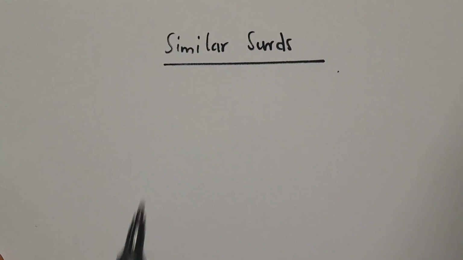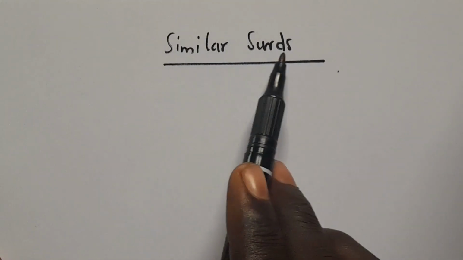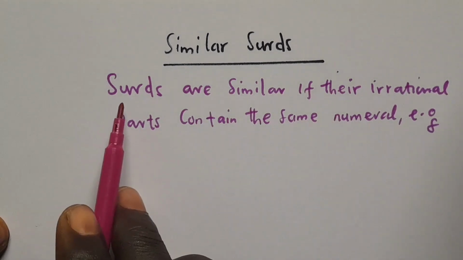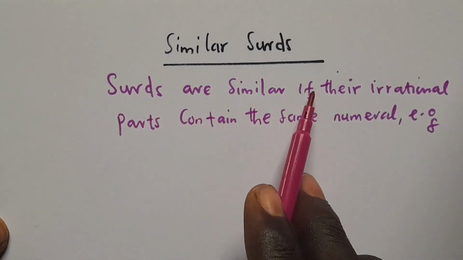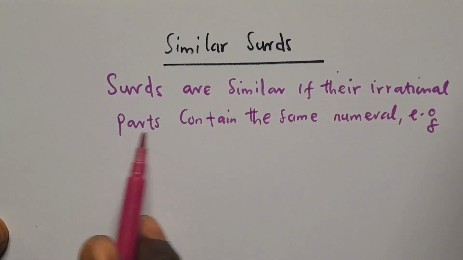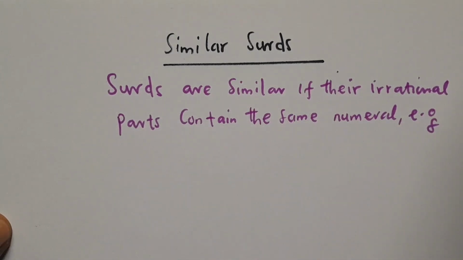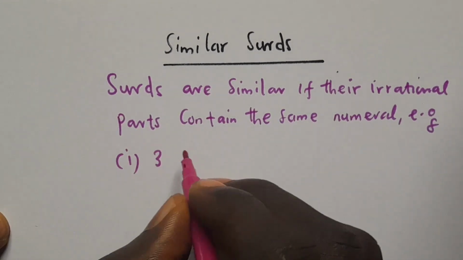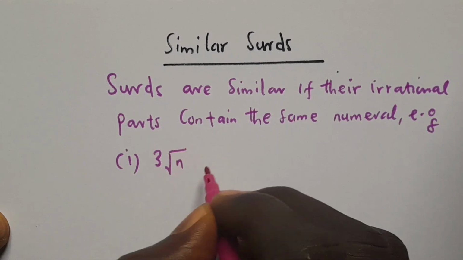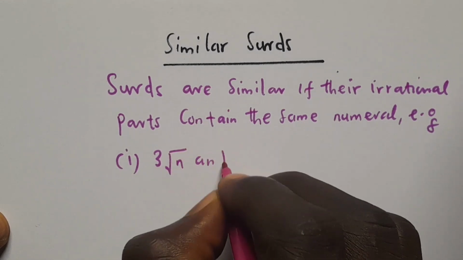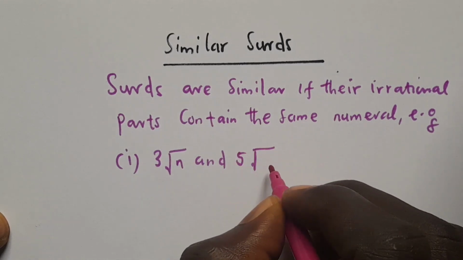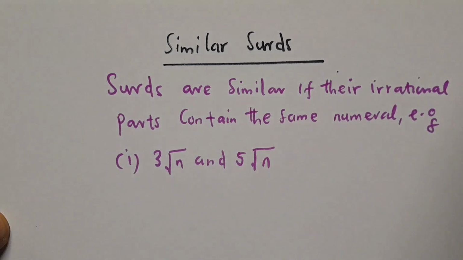Now let's take a look at similar surds. Surds are similar if their irrational parts contain the same numerals, e.g., when we have 3 square root of n and 5 square root of n.